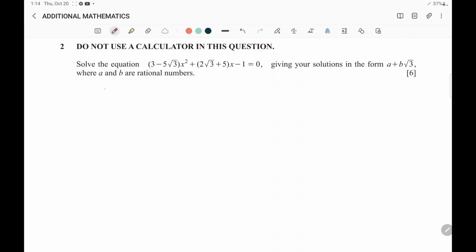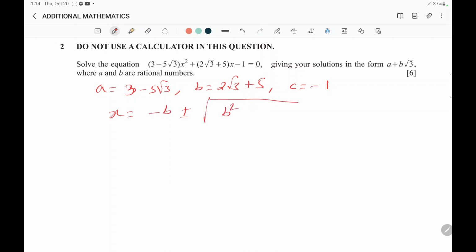Now we have to apply the discriminant formula where a equals 3 minus 5 root 3, b equals 2 root 3 plus 5, and c equals minus 1. We know that x equals minus b plus minus root of b square minus 4ac over 2a.